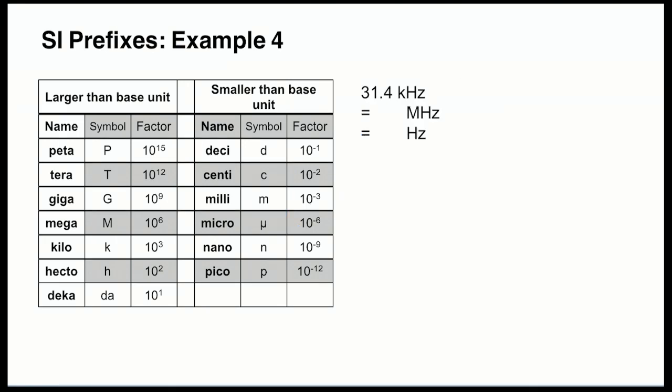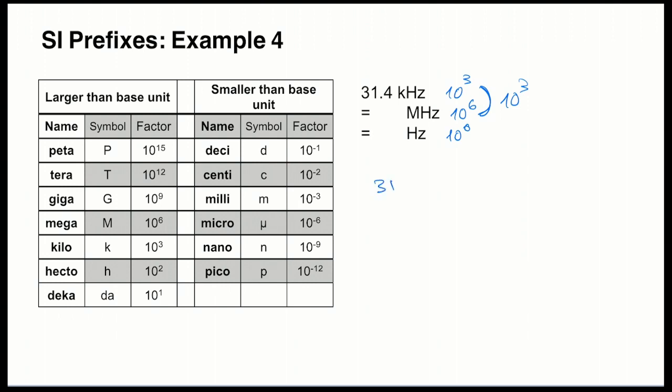Let's go from kilohertz to megahertz and then hertz. Right, so kilohertz is 10 to the power of 3, megahertz 10 to the power of 6, hertz is the base unit, 10 to the power of 0. Kilo to mega here is 10 to the power of 3, right?